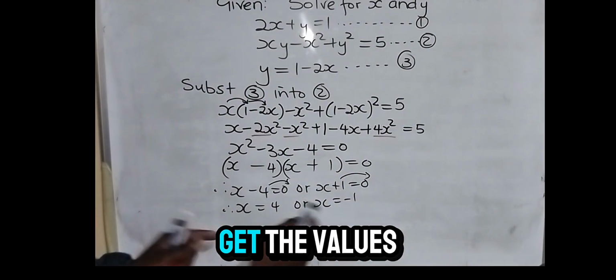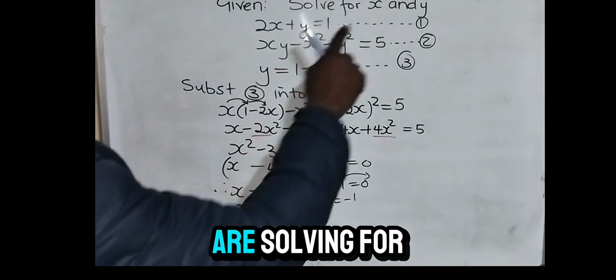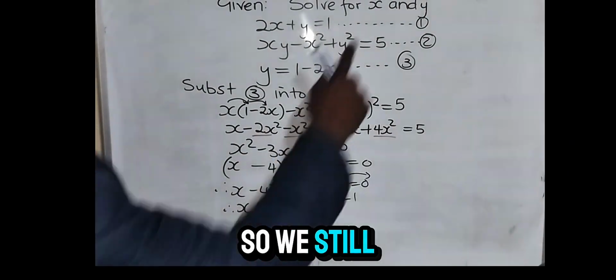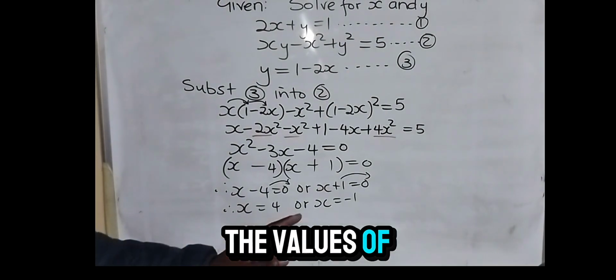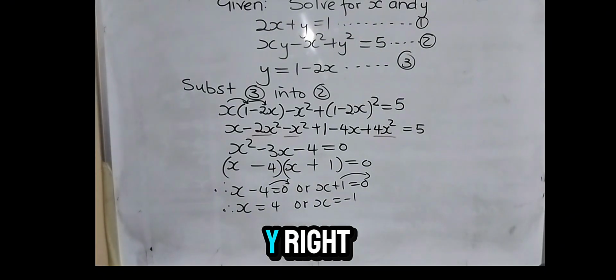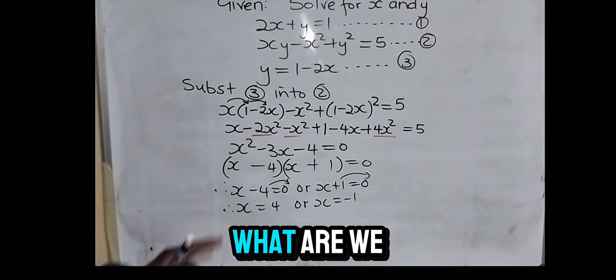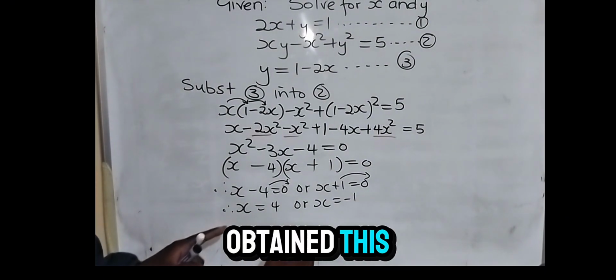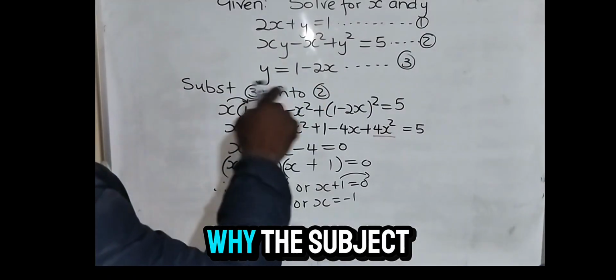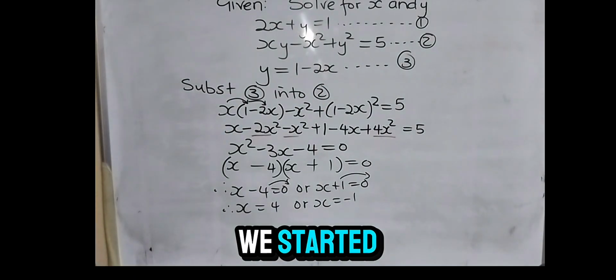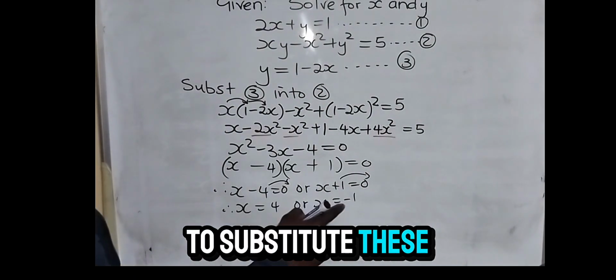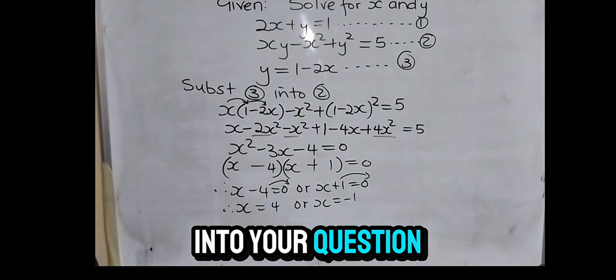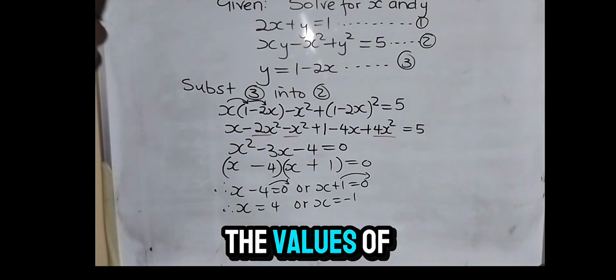We still have to get the values of y, because here we are solving for x and y. So what are the values of y? What are we going to do now that we obtained this? Remember, we made y the subject of the formula when we started. So you're going to substitute these values into equation 3, to obtain the values of y.